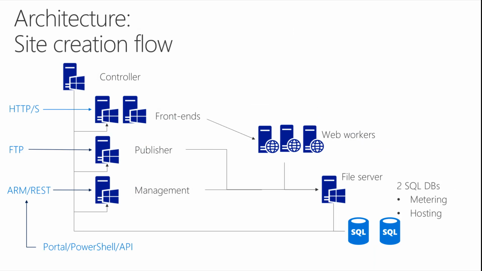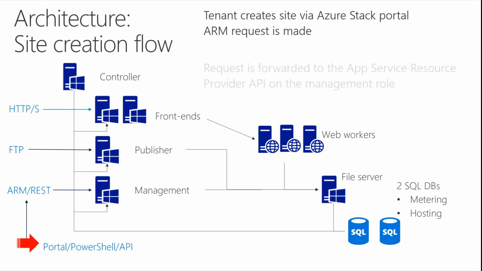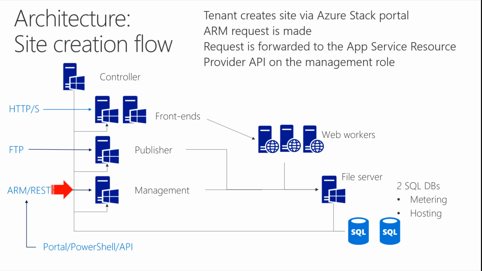So let's take a look at the Azure Stack architecture site creation flow. First of all, down the lower left-hand side, just follow the red arrows. The tenant creates a site via the Azure Stack portal. And when that happens, an ARM request is made.